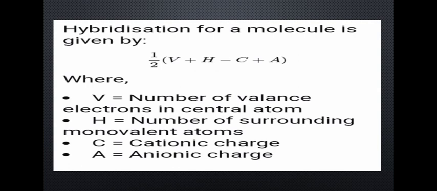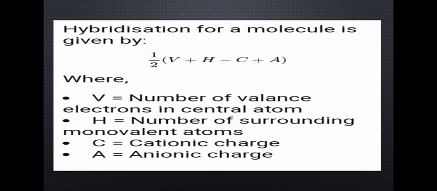So I will write half bracket start 8 plus, how many fluorine are attached to XeF2? It is 2 only. So for H I will write 2. As the molecule is neutral, it does not carry any charge, neither cationic nor anionic. So minus 0 plus 0 bracket close.